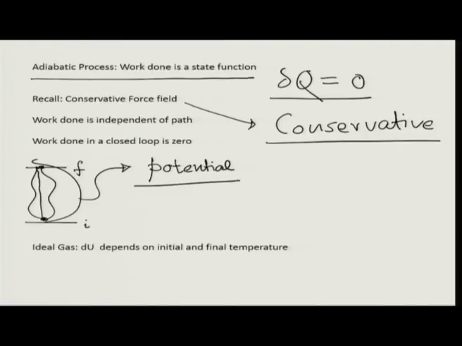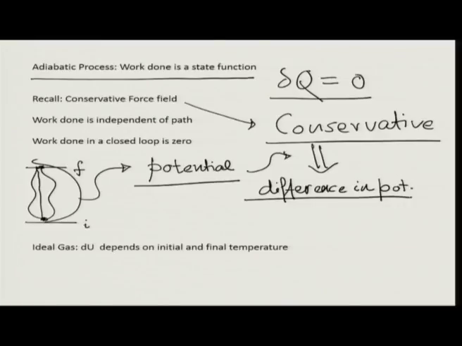Okay? So, potential: work done in a conservative force field is just the difference in potential. Please note that what I am referring to as potential is nothing but the so-called potential energy, or rather I am using the term potential to denote potential energy.